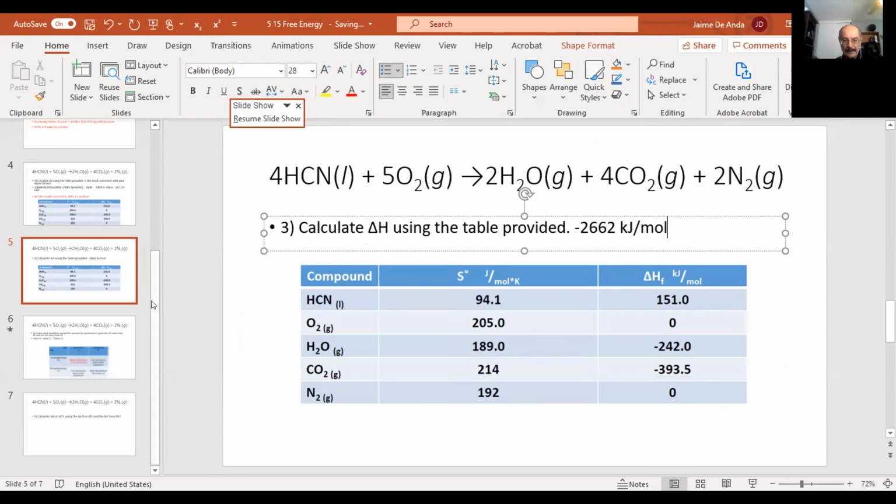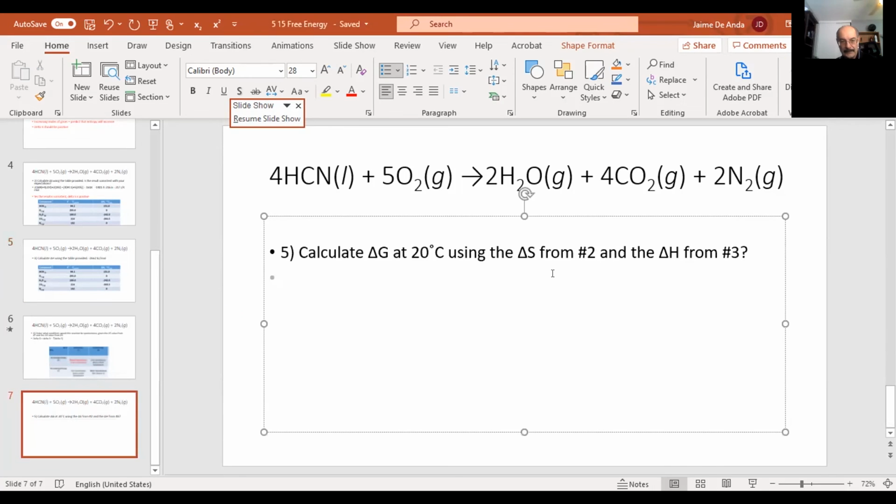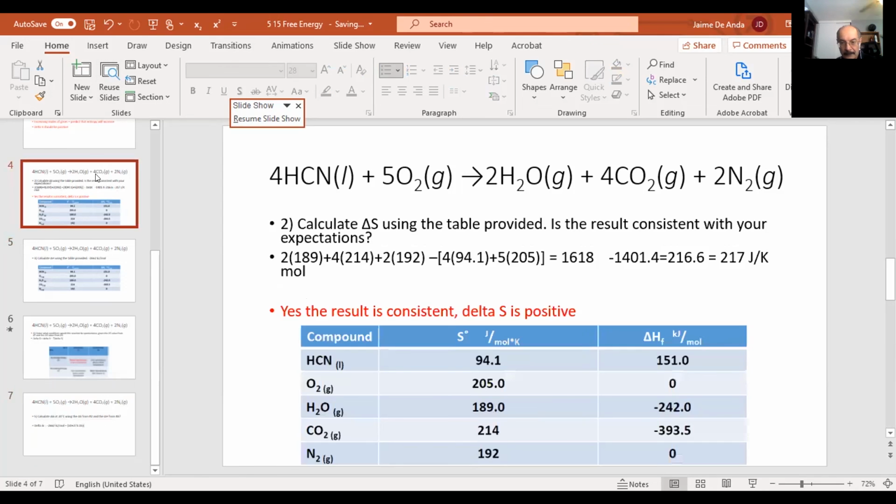So that means that we can go back here and plug that into that last one that we did. So we would have delta G would be negative 2662 kilojoules per mole minus 20 plus 273.15 times, what was the entropy that we had calculated before?